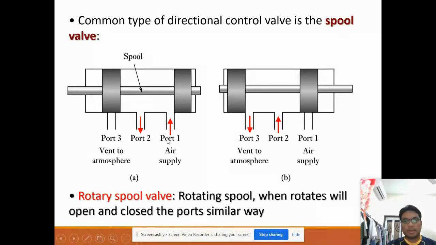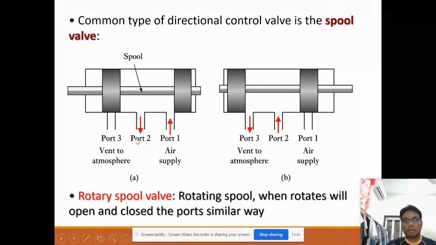valve, where there are three ports and two conditions or positions of movement. In the first condition, port 1 for the air supply is open and the air goes through port 2.